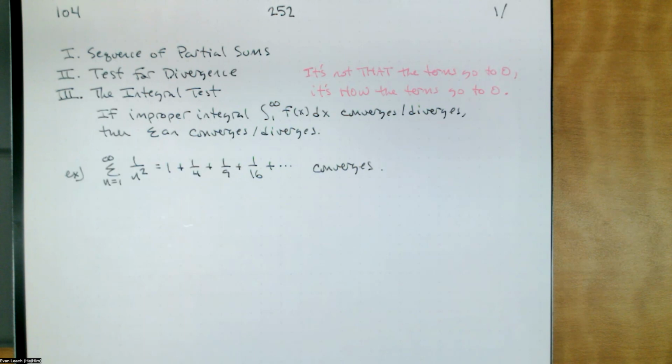The first stop on the story, the first story beat, was the sequence of partial sums, our brute force approach. Just try to analyze the problem by calculating stuff. If the sequence of partial sums of a series converges, then the series converges. Moreover, the limit of the sequence is the sum of the series.